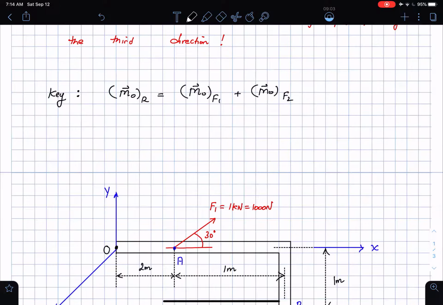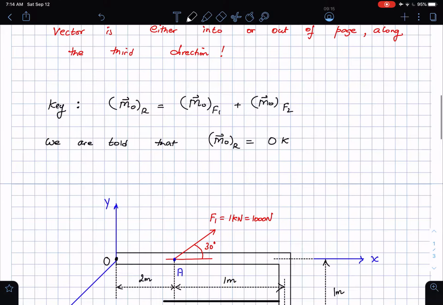Okay, and we are told that the net moment about the point O is 0, and I'm saying this is in a k direction because I'm going to link that to what I had written here. So I had written that here, so this is why it's in the k direction.